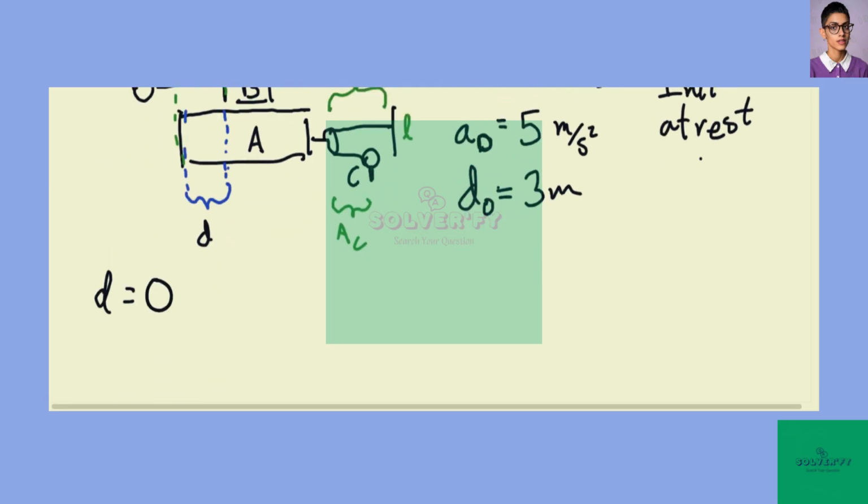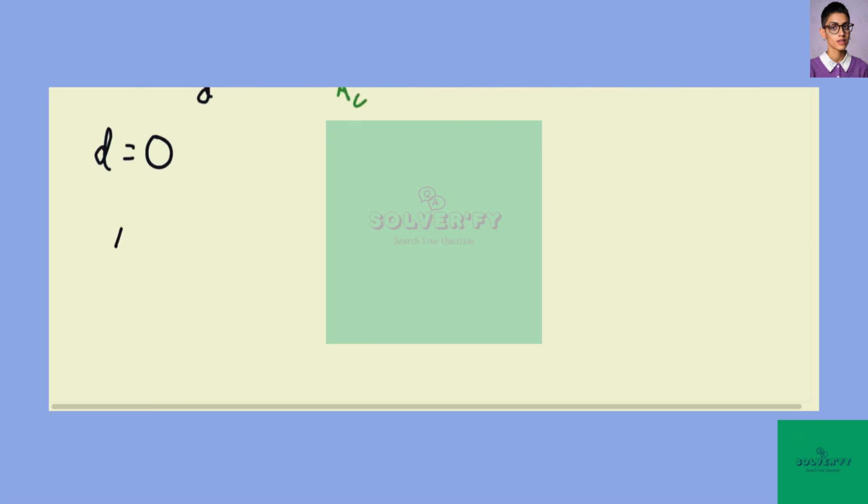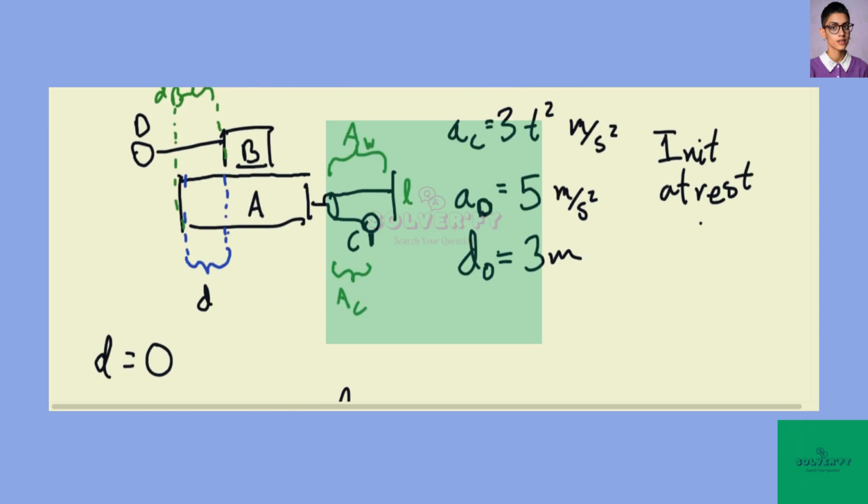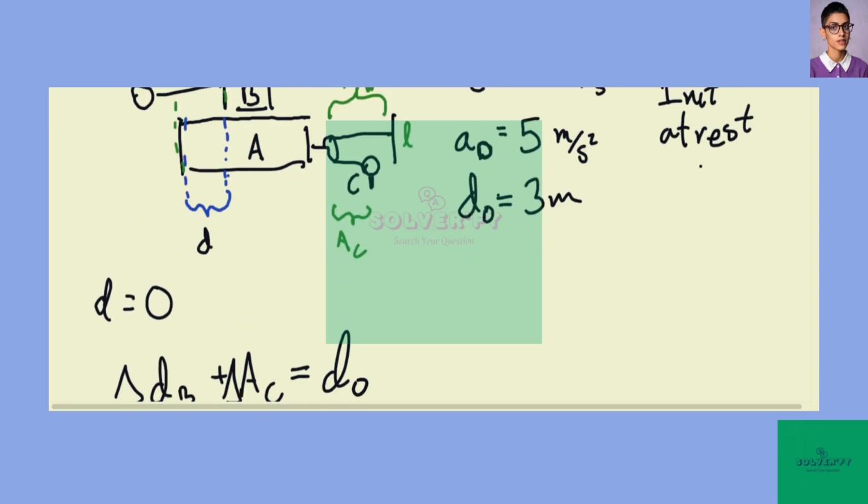And this will occur when the change in DB plus the change in AC or AW, doesn't really matter since these are going to be the same, is equal to our initial distance there. So once the change of both of these blocks added up is equal to our initial distance, then the distance between them will be 0.